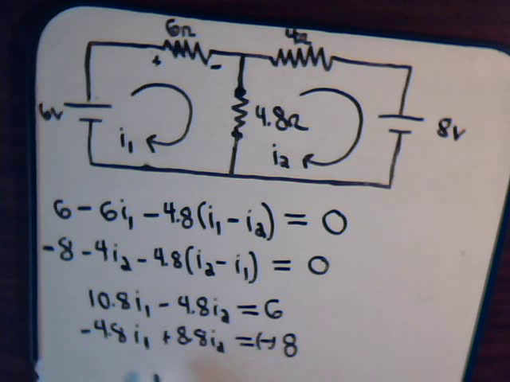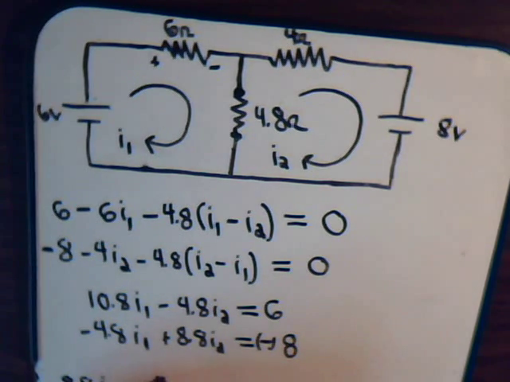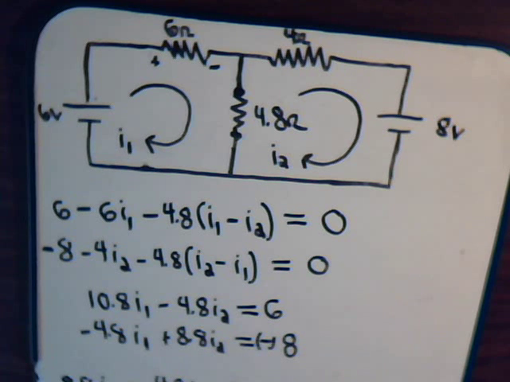Let's see, for this one, let's take this over to this side of the equation. So we have 8.8 times I2 will equal, bringing this over here, that's now plus 4.8 I1 minus 8.